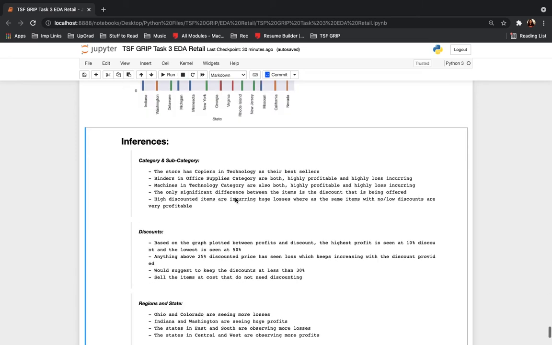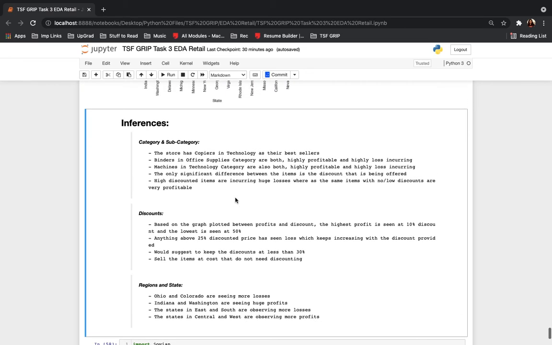So this is the analysis. The inferences would be: the store has copiers and technology as their best sellers. Binders and office supplies are both highly profitable and highly loss incurring. Machines in technology category are also both highly profitable and highly loss incurring. The only significant difference, like I mentioned, is the discount that is being offered.